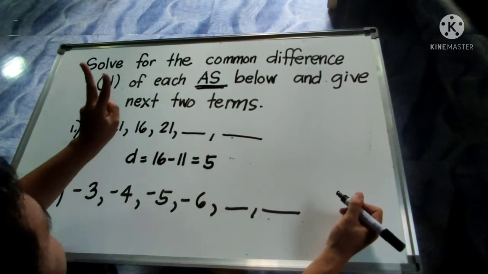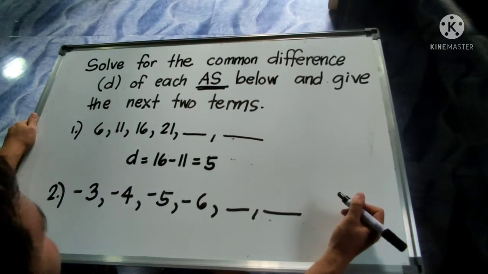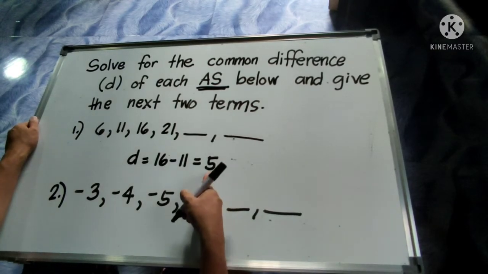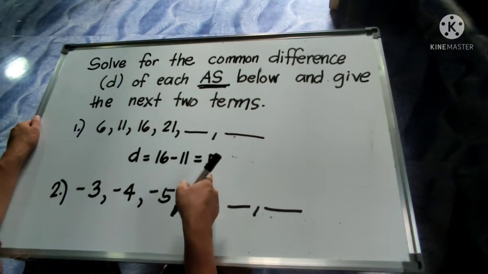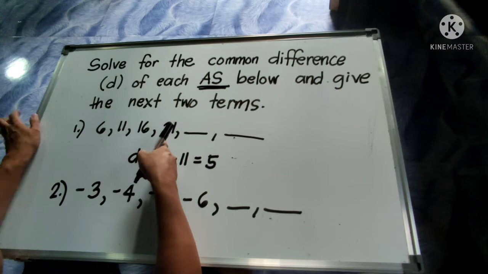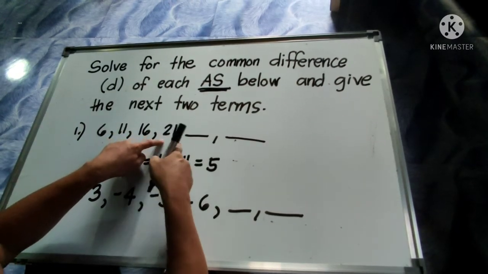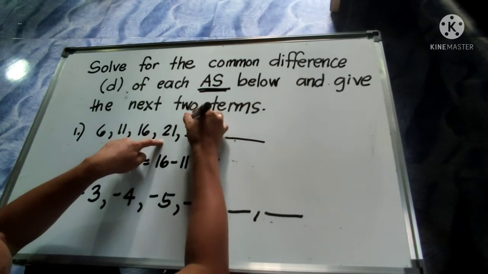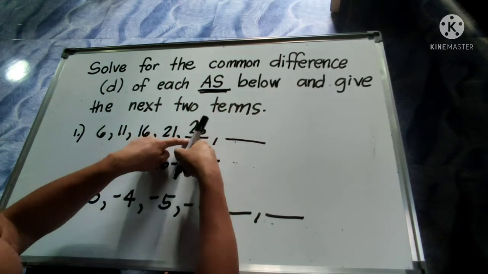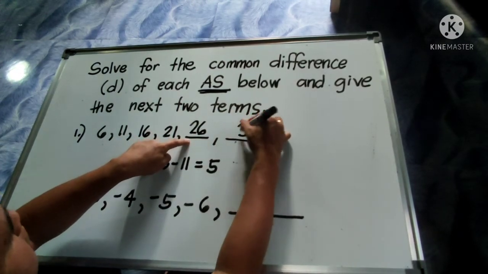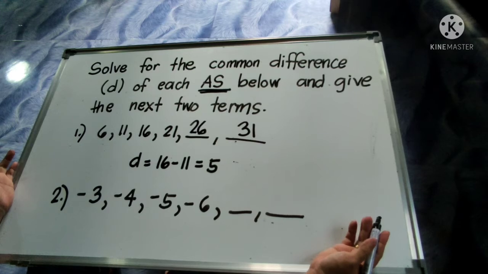So you will just choose a pair of consecutive terms. The common difference is 5. Therefore, this 5 will be added to the last known term to get the succeeding terms. 21 plus 5, 26. 26 plus 5, 31. As simple as that. Okay?